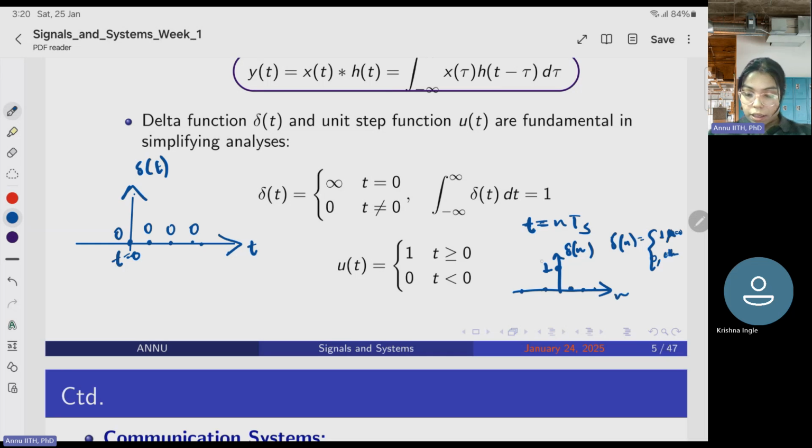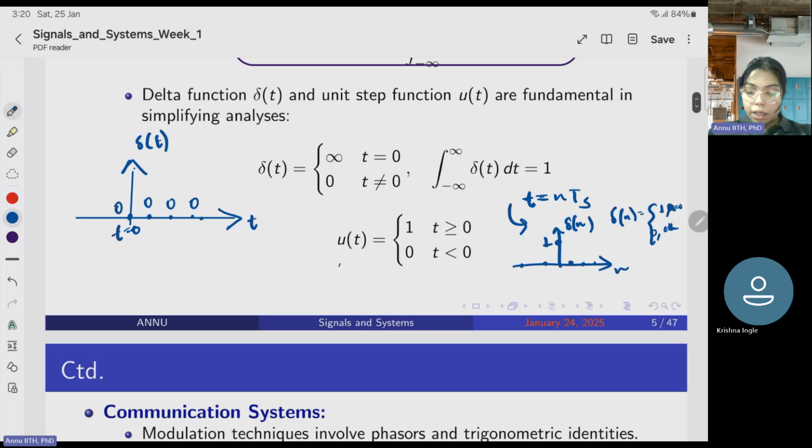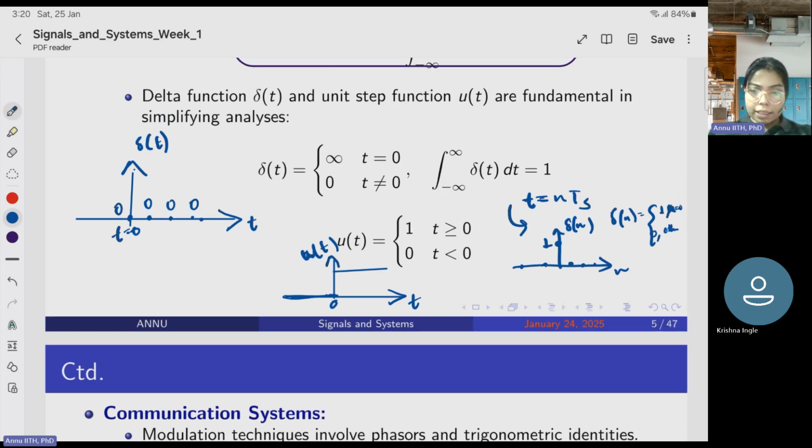And this is the unit step function, and this is how it looks. If we talk about the area under u(t), is it 1? No, here it is not defined.